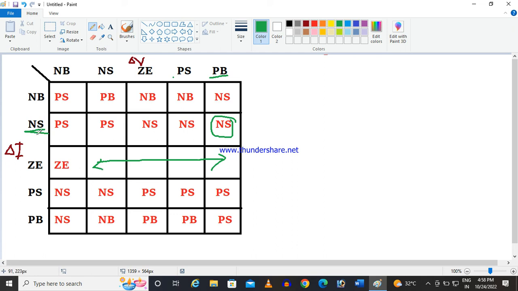Okay, that means in the rule base you have to write, if del I is negative big and del V is negative big, then the del D will be positive small. If del I is negative big and del V is negative small, then also my del D will be positive big.